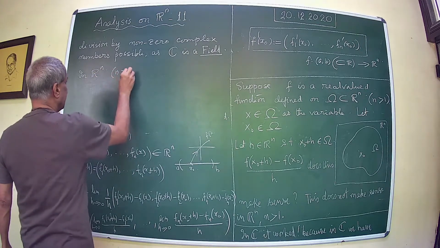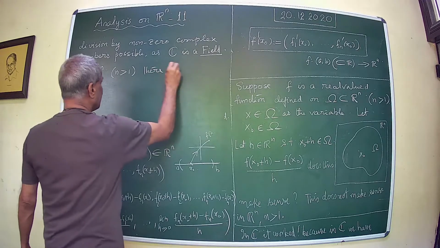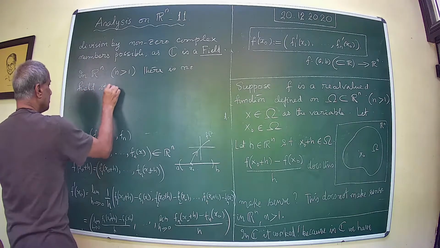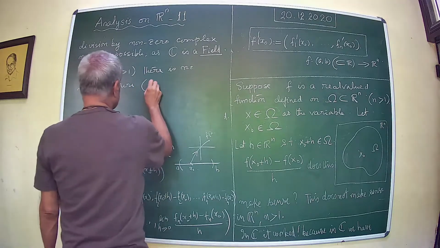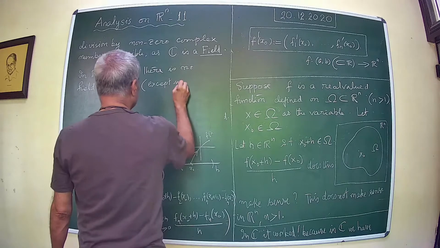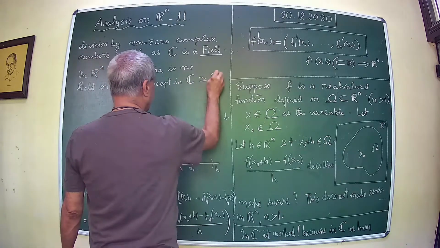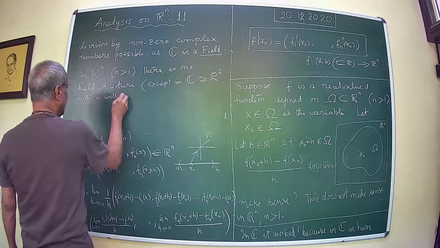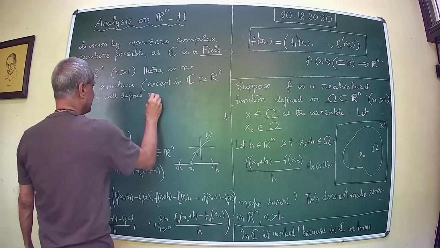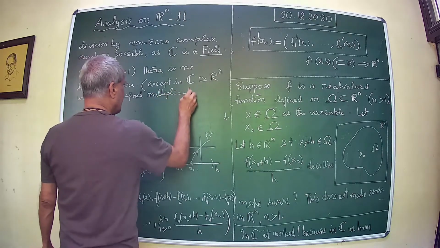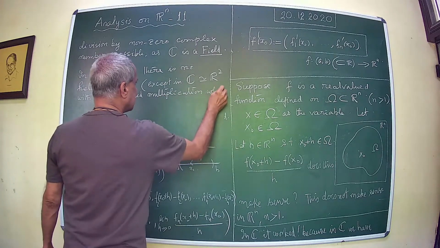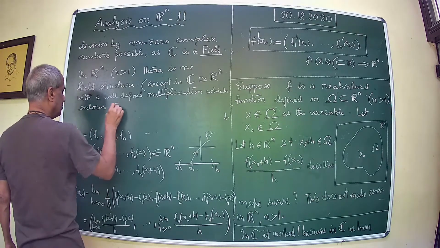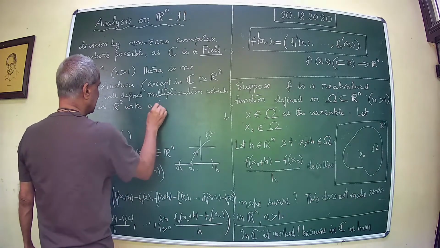for n greater than 1, you might say that except in C, which is in a way R^2 with a well-defined multiplication, which endows R^2 with a field structure.